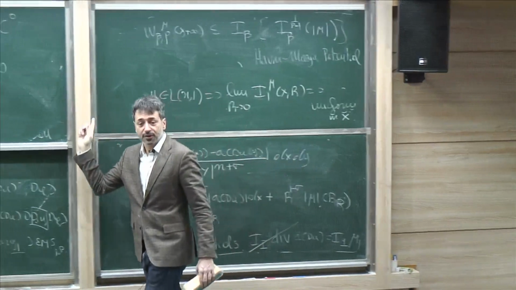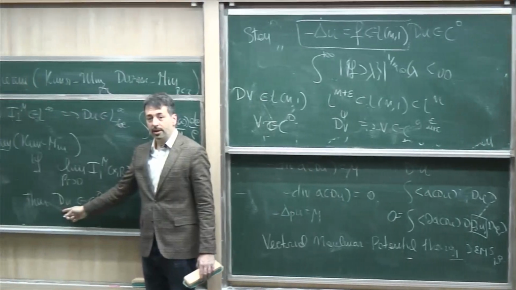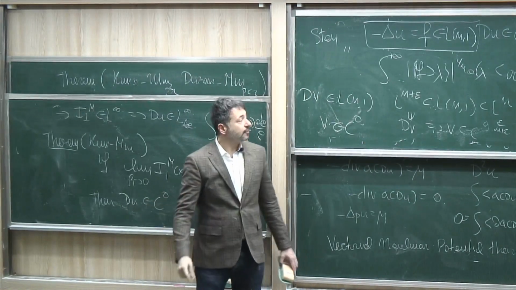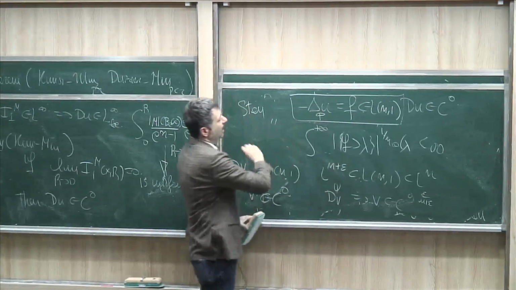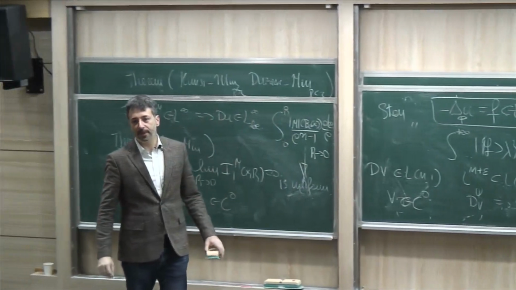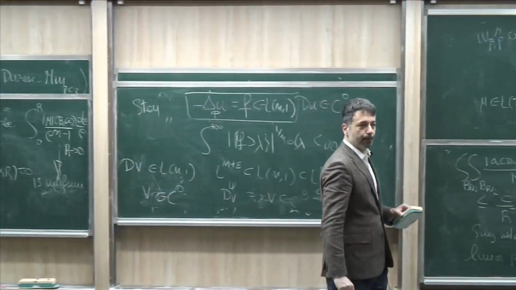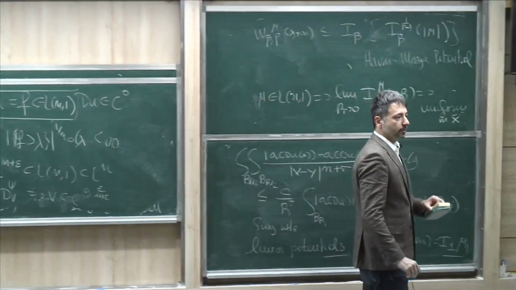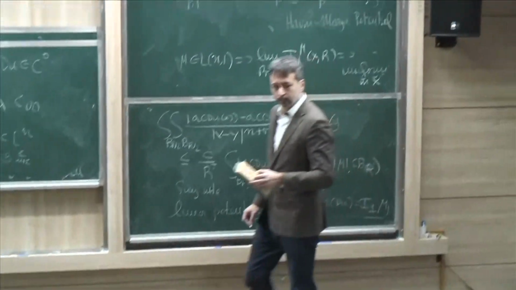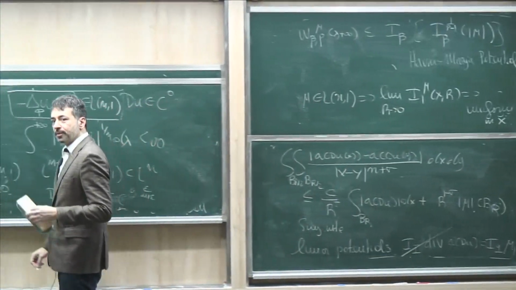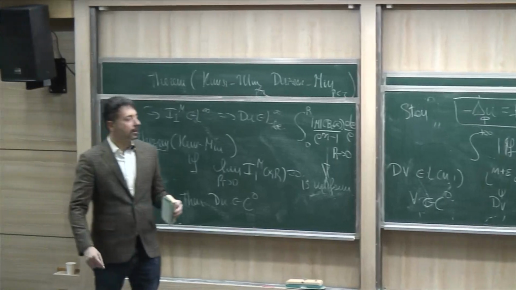But if this convergence is uniform in x, then this tells you that Du is continuous. So you have the following nonlinear Stein theorem. Take the p-Laplacian system, and if this belongs to L(n,1), then the gradient is continuous. And you get more and more corollaries. This reasoning can be pushed forward until the maximal regularity.